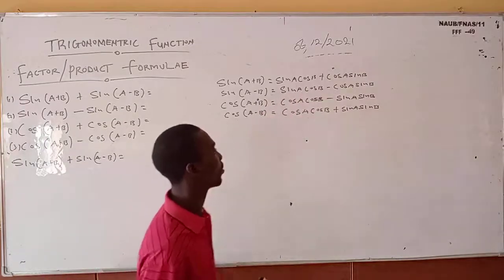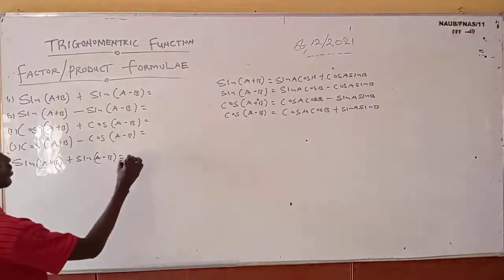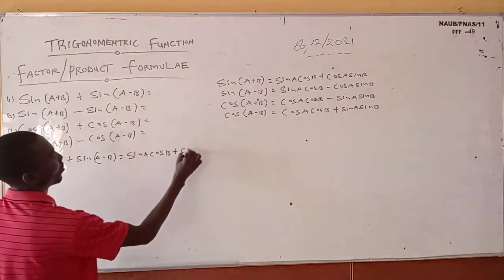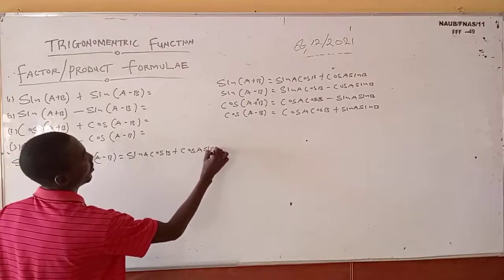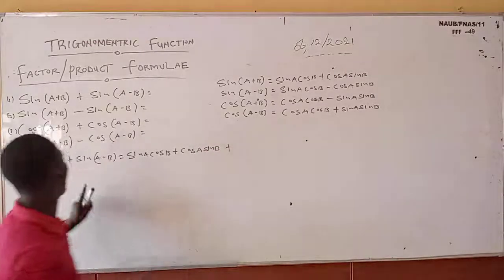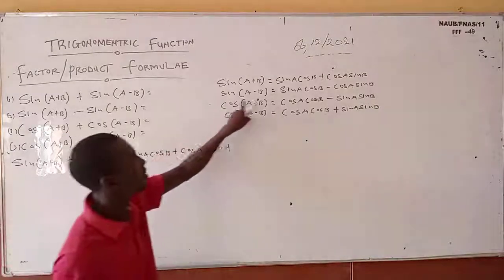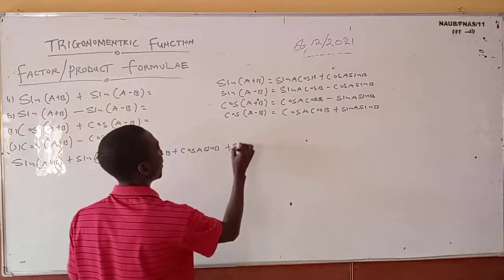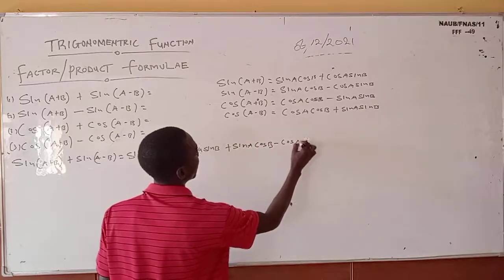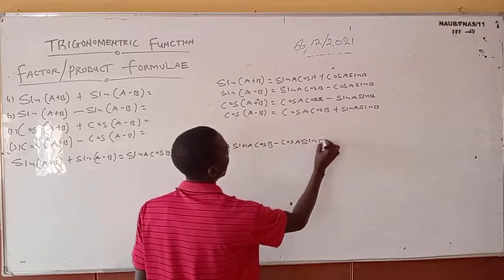Sine A cos B plus cos A sine B. So I'm going to write that here: sine A cos B plus cos A sine B. So plus sine A minus B. Sine A minus B is equals to what? Sine A cos B minus cos A sine B.